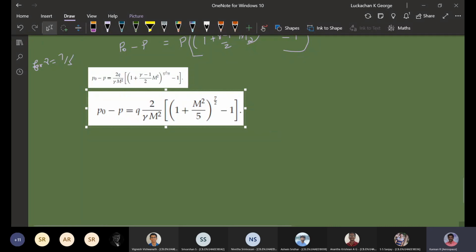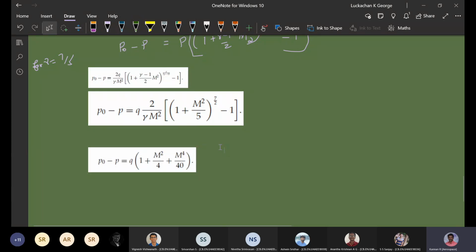Further simplification, using binomial expansion, we can simplify this part of it.